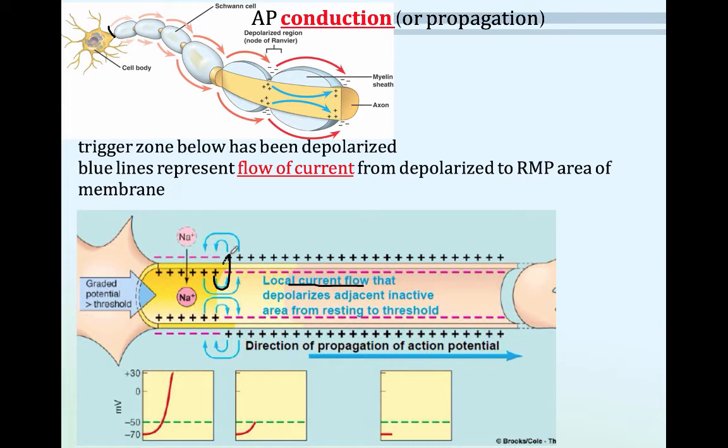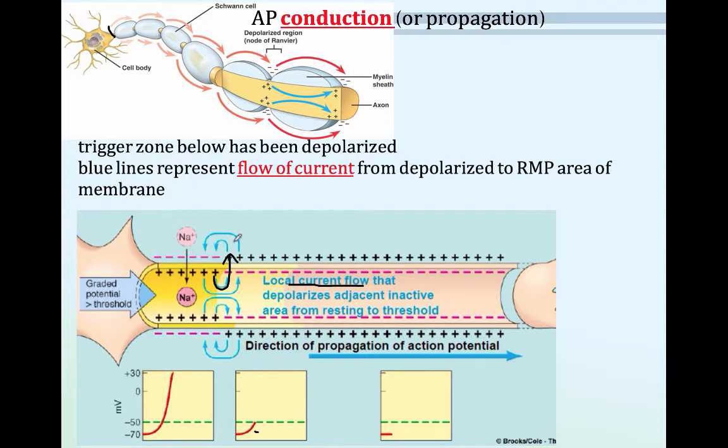And so we have this flow of current going through this piece of membrane, which right now is still at the resting membrane potential. But as this flow of current goes through, it starts to stimulate the opening of those voltage-gated sodium channels. And so now you can see we're starting to depolarize this adjacent piece of membrane.